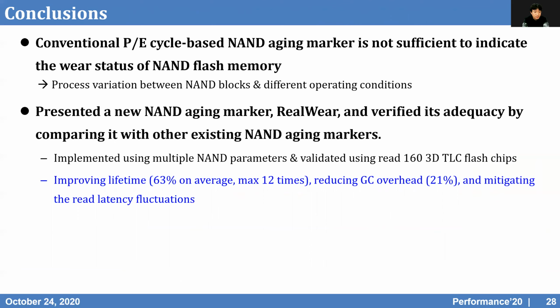To overcome this limitation, we presented a new NAND aging marker, RealWear, using multiple variables and verified its adequacy by comparing it with other existing NAND aging markers. We also showed that RealWear can efficiently improve the lifetime and the performance of flash-based storage systems.